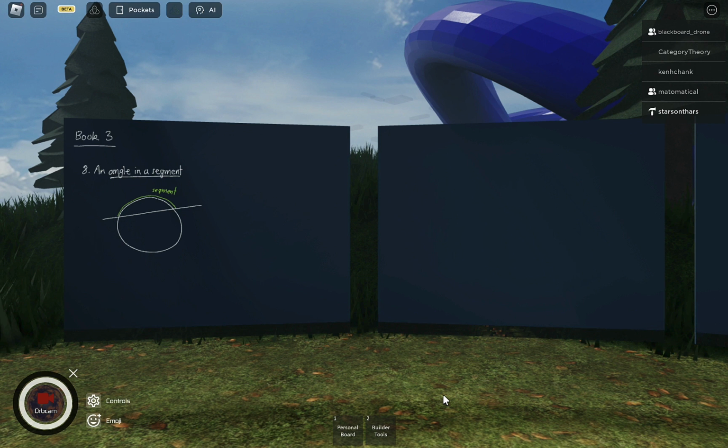The segment is the whole figure, I guess. Is that right? It's a figure contained by a straight line and a circumference. So yeah, I guess it means this part.